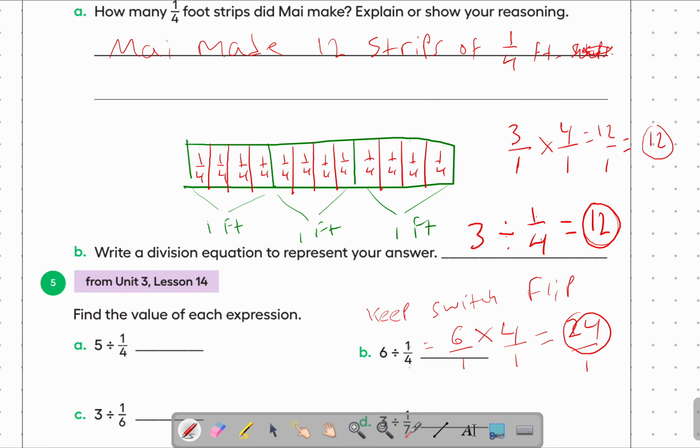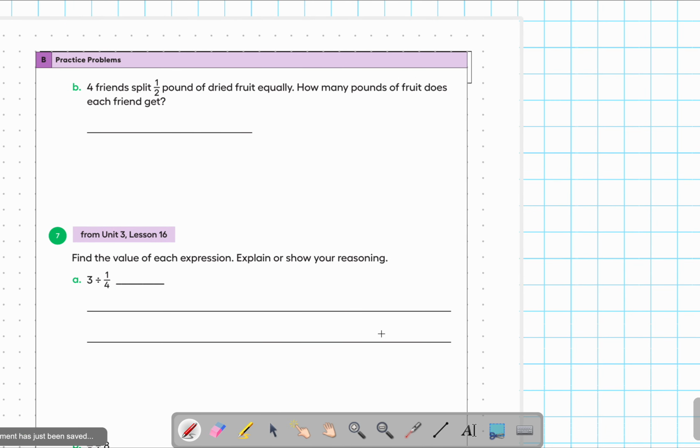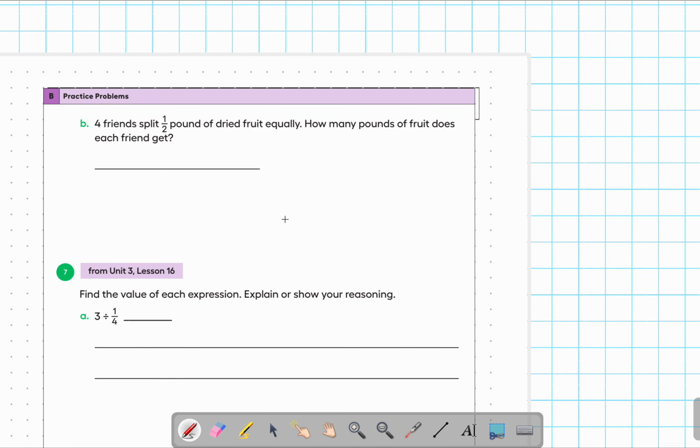All right. Let's try another problem. 4 friends split half pound of dry fruit equally. How many pounds of fruit does each friend get? So that means 4 friends split 1/2 pound of dry fruit equally.